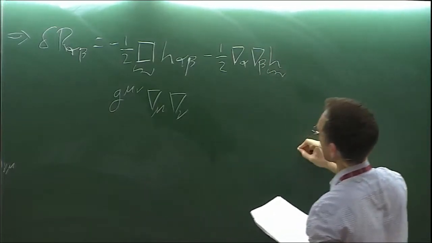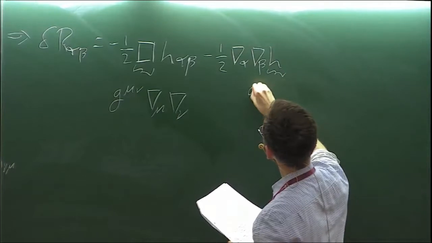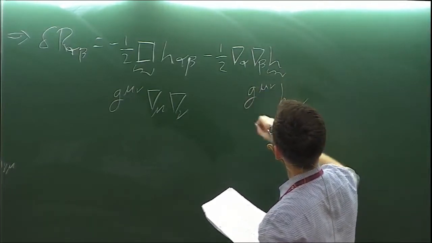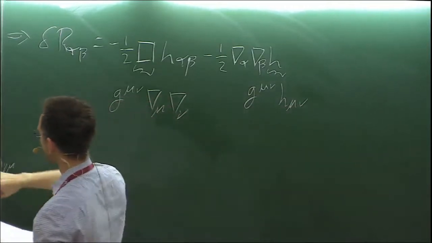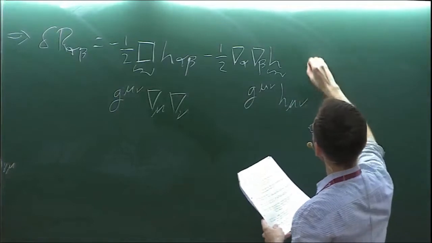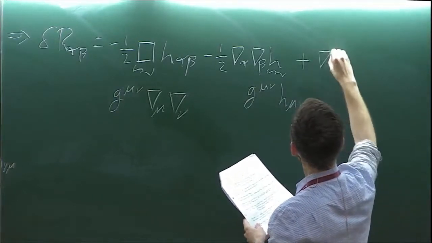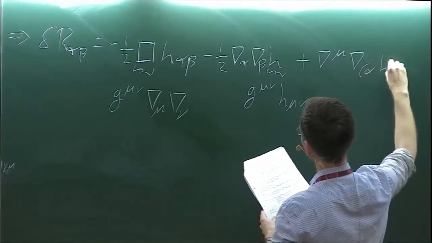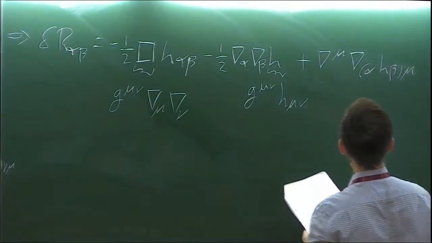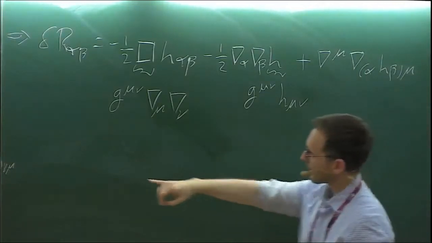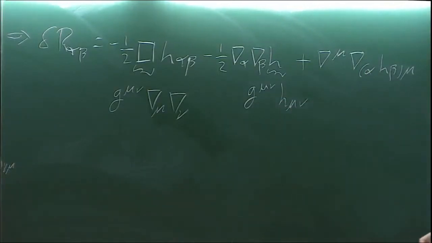This, what I'm calling H, is just the trace of the perturbation. So this term is coming from this term here. And then there's one last term. It comes from those remaining 2 terms there. Okay, so this is pretty simple.